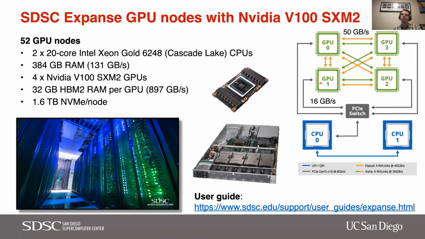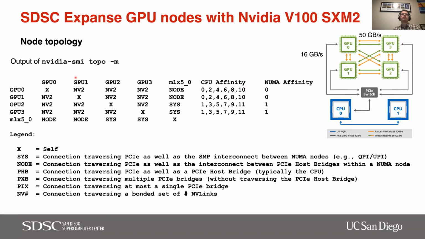If you wanted to send data from GPU 1 to GPU 2 in a traditional system, you'd go through the PCI switch. You don't have to do that. You can see that GPU 0 and GPU 1 are interconnected by this NV2 interconnect, so they can talk faster to each other than in a system where you have to go through a PCI Express bus. That's special hardware.